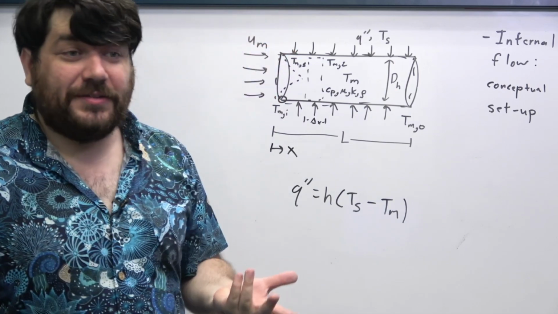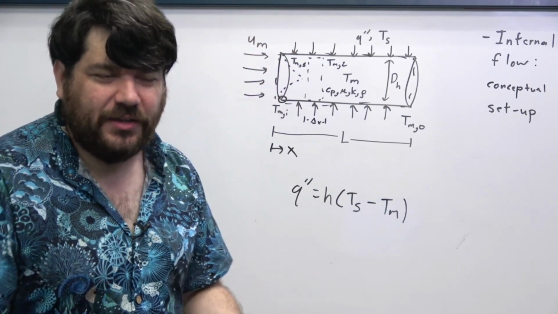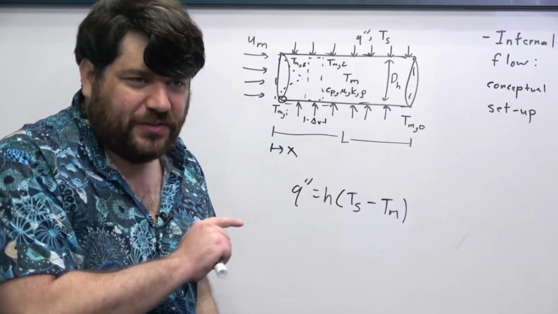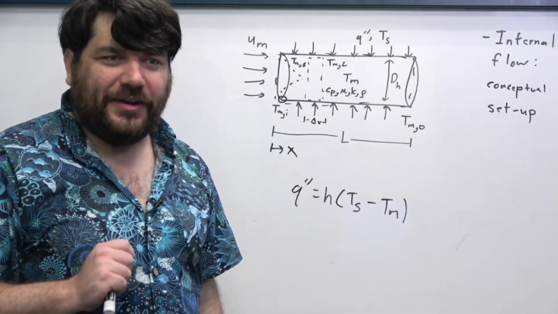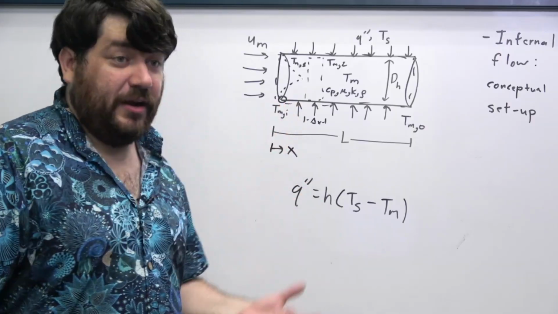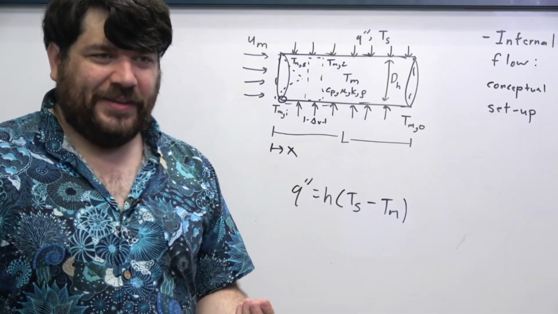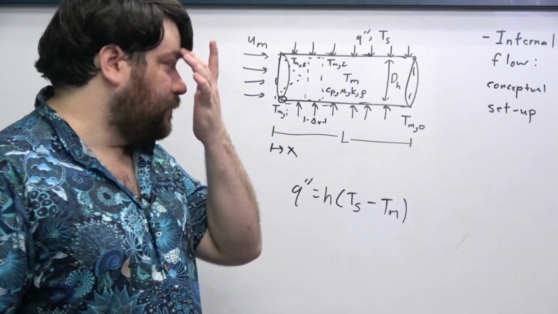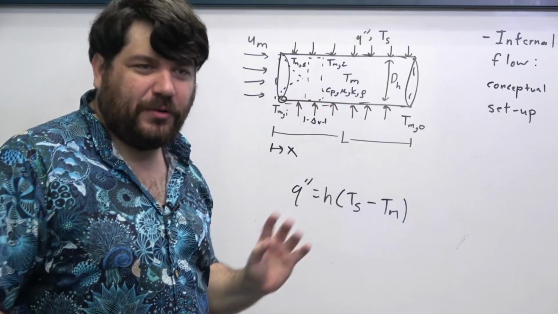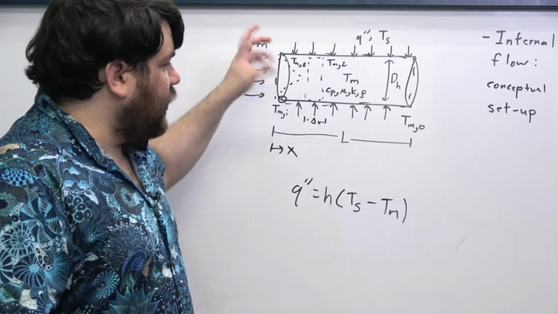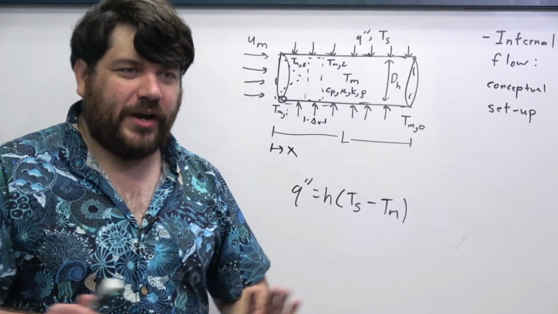There is a complex history of study of what happens here in this entrance region, but we won't touch on it in this course. For the most part, what we're going to assume is that our parameters are such that this entrance region is quite small. Small enough that any alterations to the calculations that we do when it comes to actually establishing the workflow for these problems, any alterations caused by ignoring the entrance region are negligible.